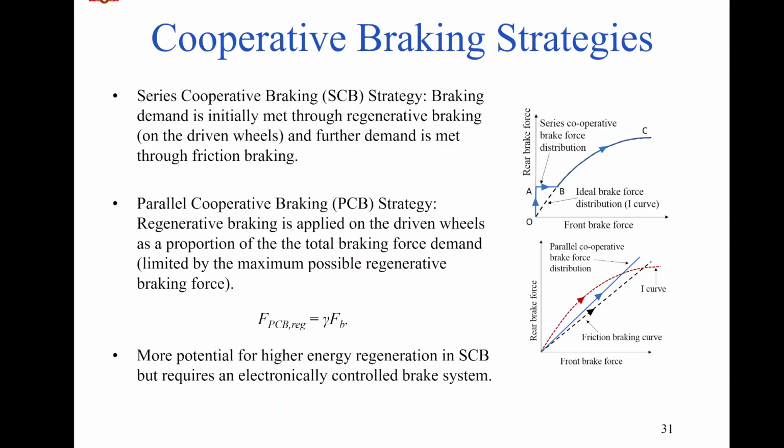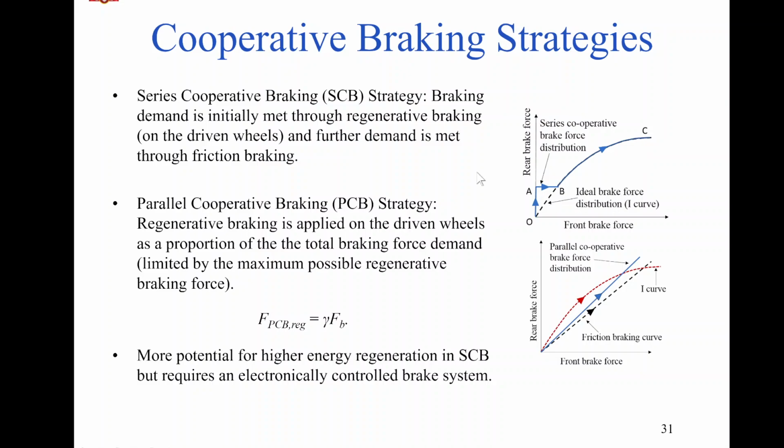We have something called the ideal brake force distribution curve, which plots the braking force on the front wheel and the rear wheel, and we would like to be as close to this curve as possible to ensure stable braking. Then from point B to C we are now using friction brakes.